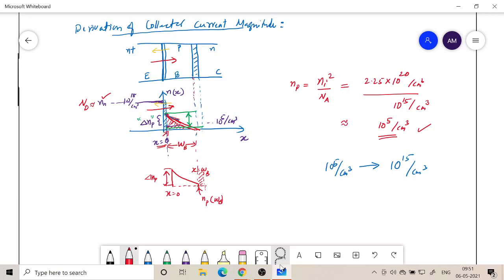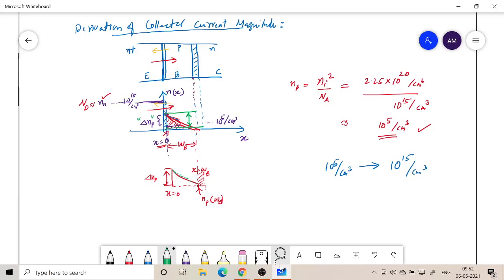The exact shape of that function may be like an exponential, it could be like a straight line, but whenever we assume that the width of the base region is very, very small, even if it is an exponential function, it can be very well approximated by a straight line. So that's the assumption that we would take. We will approximate this function like a straight line with very, very less error.